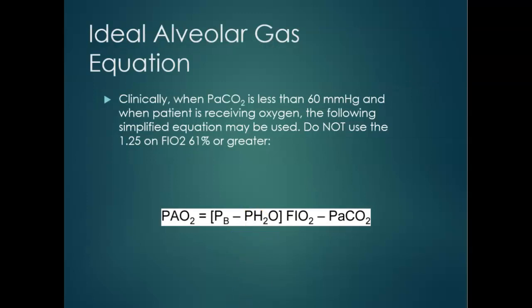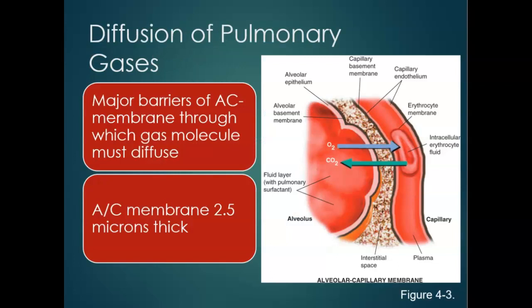Okay. So your ideal alveolar equation, remember that when our FiO2 is 61% or greater, then you're not going to multiply by the 1.25. All right.